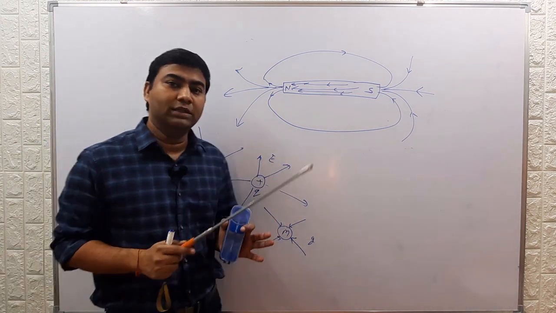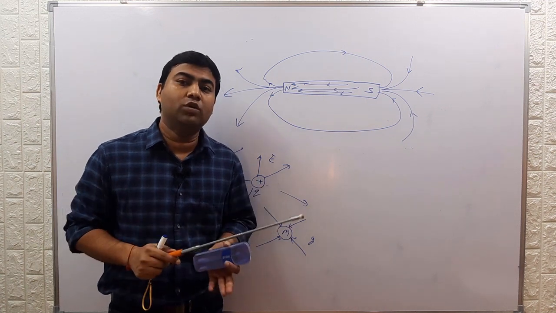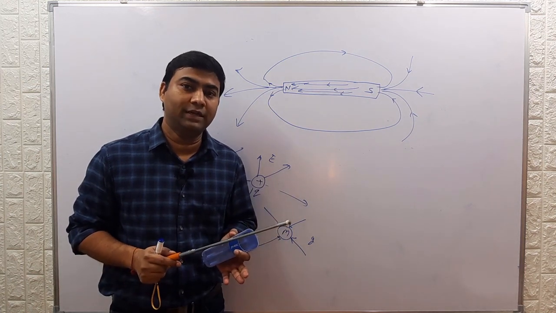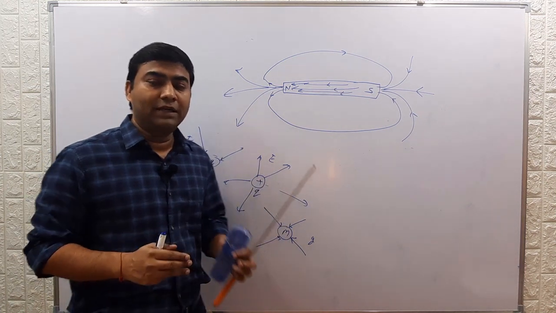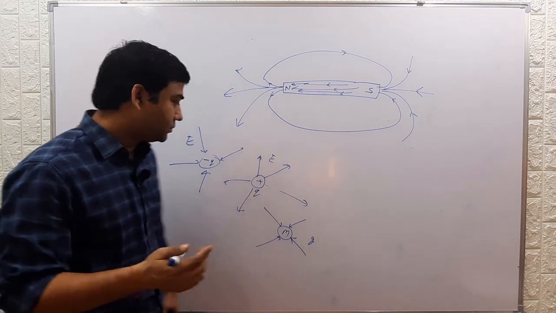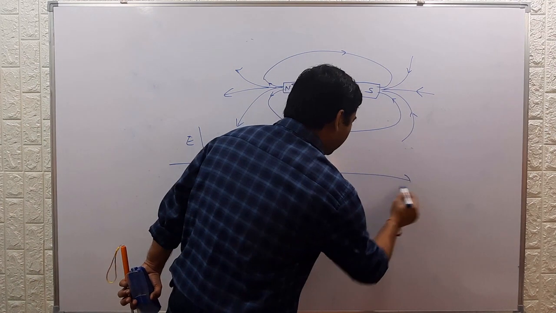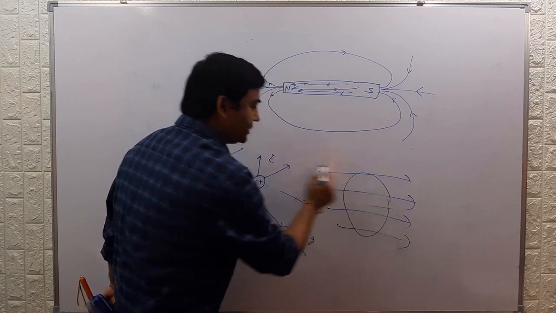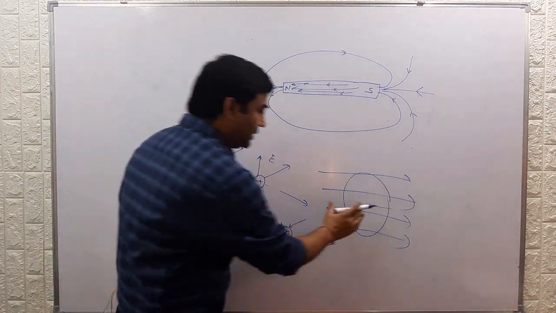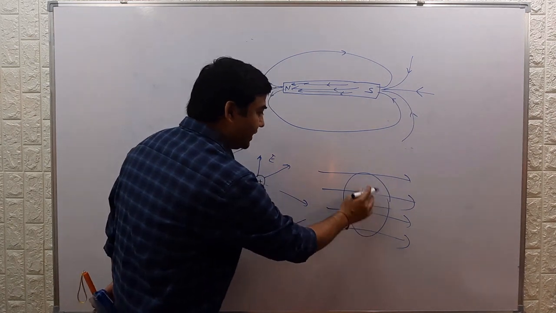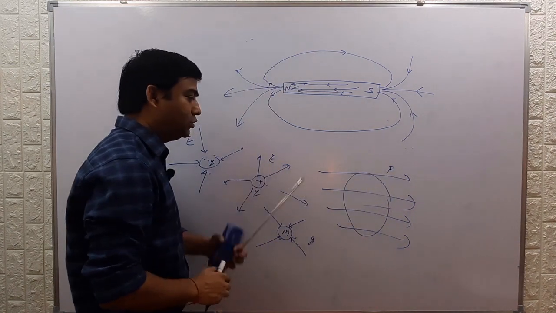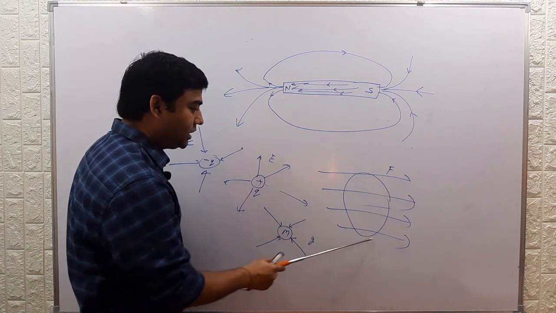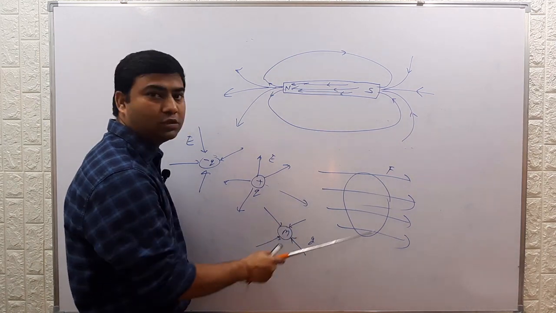When the lines are continuous, then whatever closed Gaussian surface you imagine, the net flux through the Gaussian surface will be zero. For example, if these are continuous lines of any field and you imagine a closed Gaussian surface in this field, then when you calculate the net flux, from here to here this is continuous, and in this continuous range you have assumed a Gaussian surface, an imaginary closed volume.